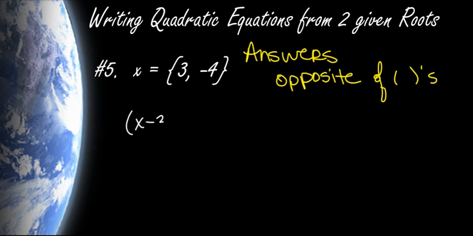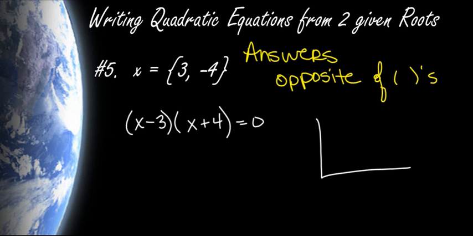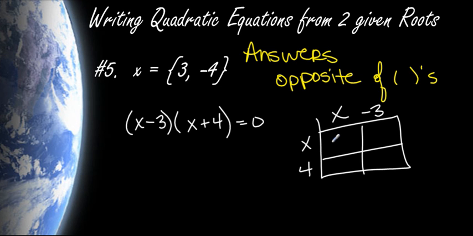I had an x minus 3 and an x plus 4 equals 0. From there, some of you like to FOIL, some of you like the box method. And it really doesn't matter. If we go ahead and use the box method, we get x squared minus 3x, 4x, and a negative 12.